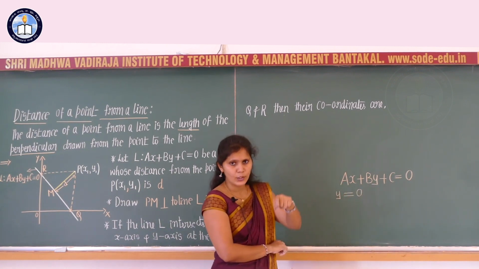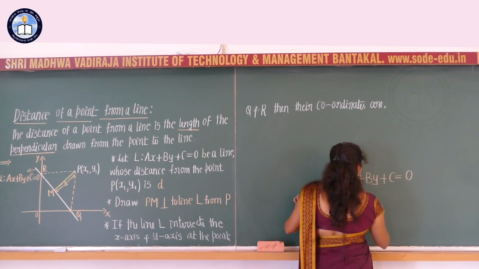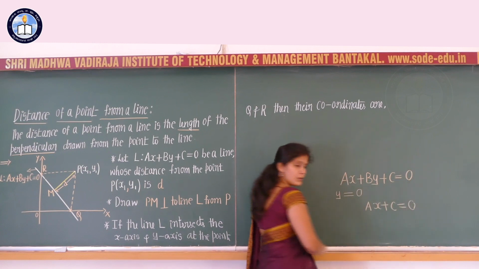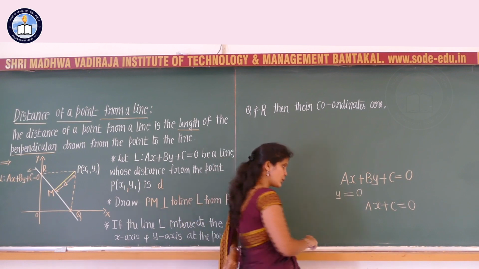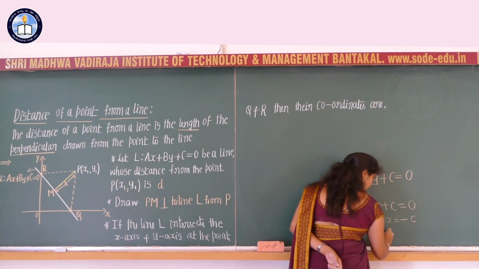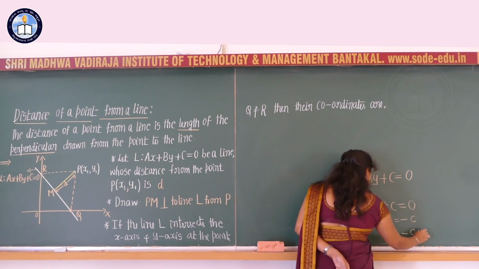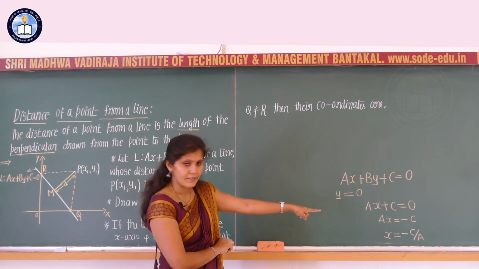If any point lies on the x-axis, its y coordinate is 0. So if y equal to 0, we will get Ax plus C equal to 0, correct? Ax is equal to minus C. What is x? x is nothing but minus C divided by A.